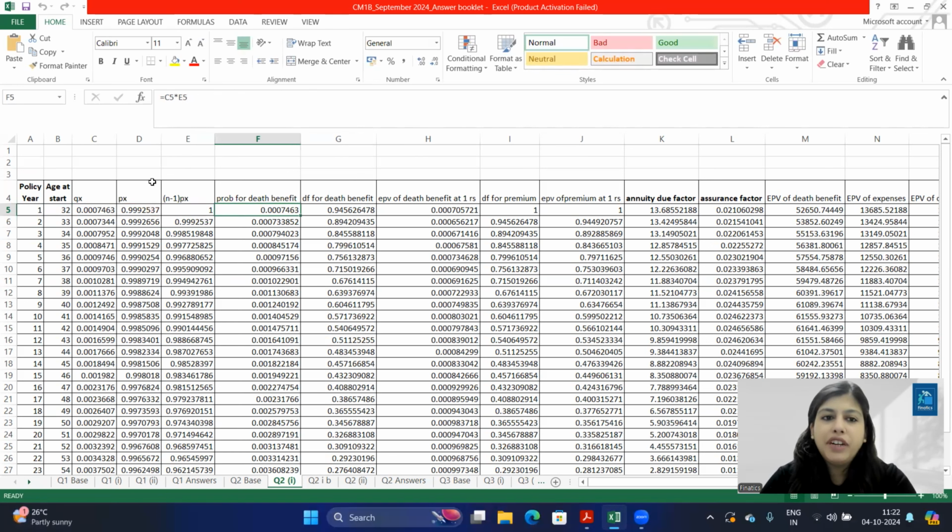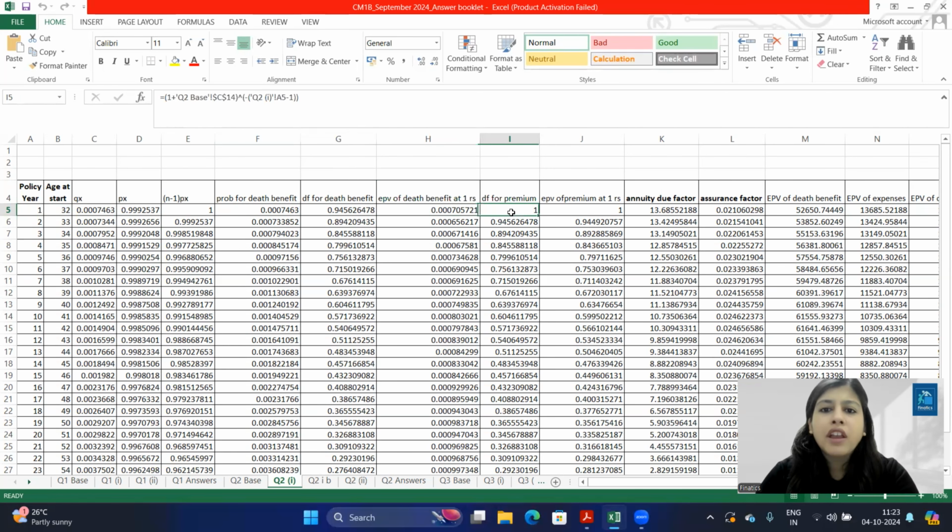Probability for death benefit is nothing but n-1 px into qx, which is by first principles of death benefit. And then the discounting factor is nothing but 1 plus i to the power minus of time. EPV of death benefit for 1 unit is F5 into G5, basically probability into discounting factor.